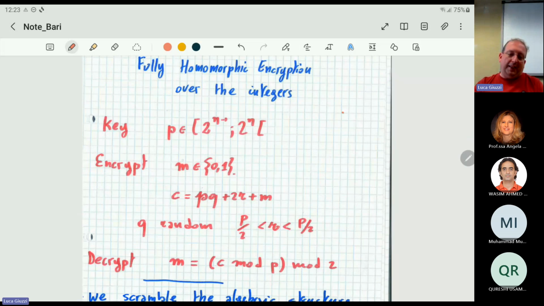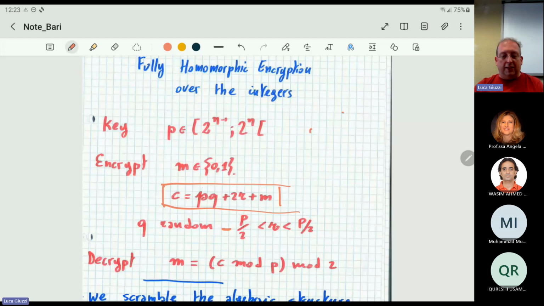And then we have a message, which is just one single bit, 0 or 1. The encryption of the message is P times Q, so the product of these two numbers, which are odd, plus 2R, where R is a random number which is between minus P over 2 and P over 2, plus our message.